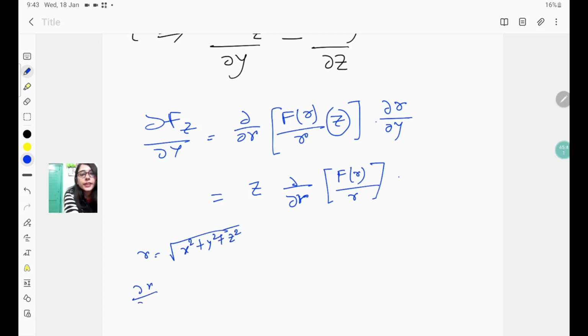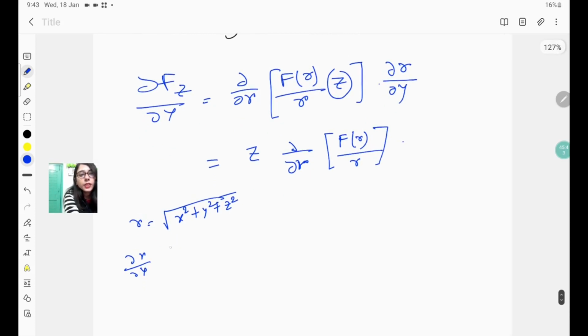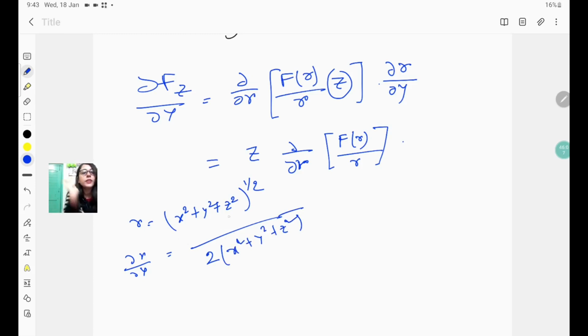So what is del r by del y? We can write this whole to the power half. That means a 2 comes down, and x square plus y square plus z square stays in the denominator, and in the numerator we have del by del y, that is 2y. So it becomes y by the root of this, that is r. So del r by del y is equal to y by r.